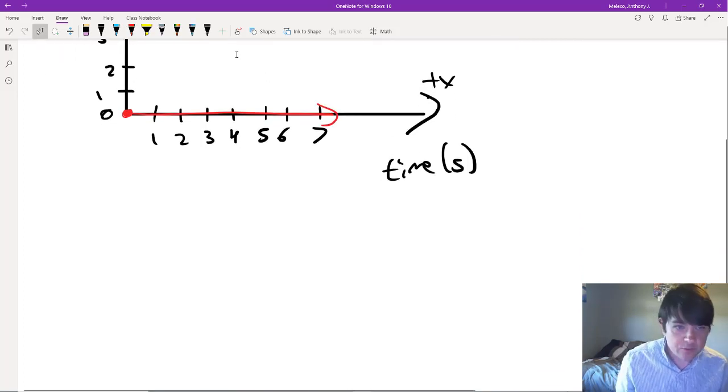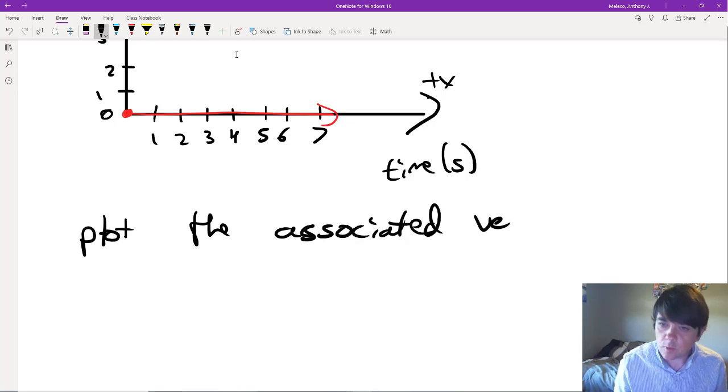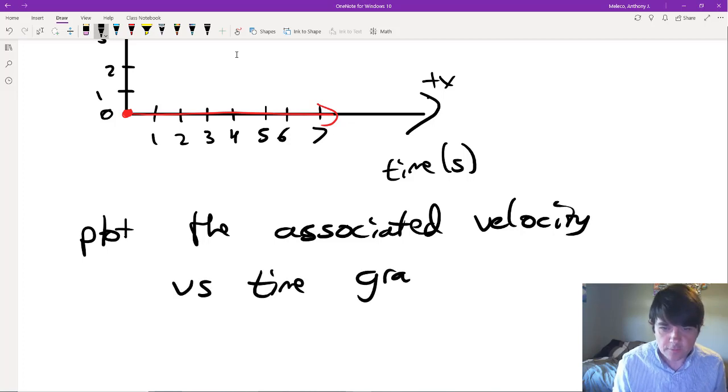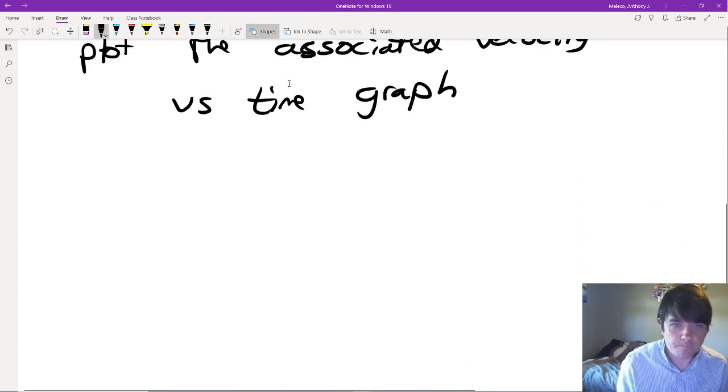What we want to do is plot the associated velocity versus time graph.